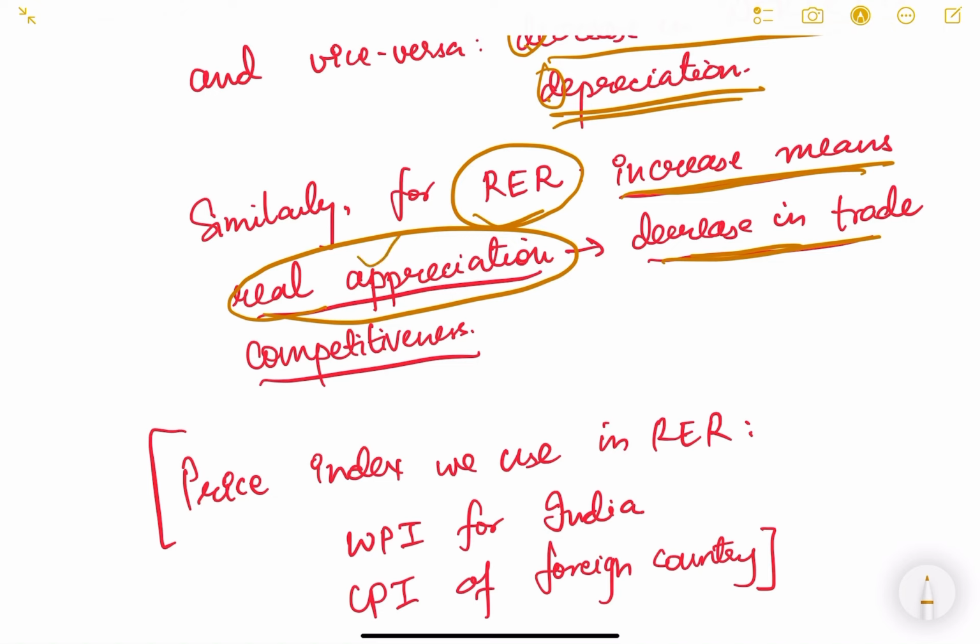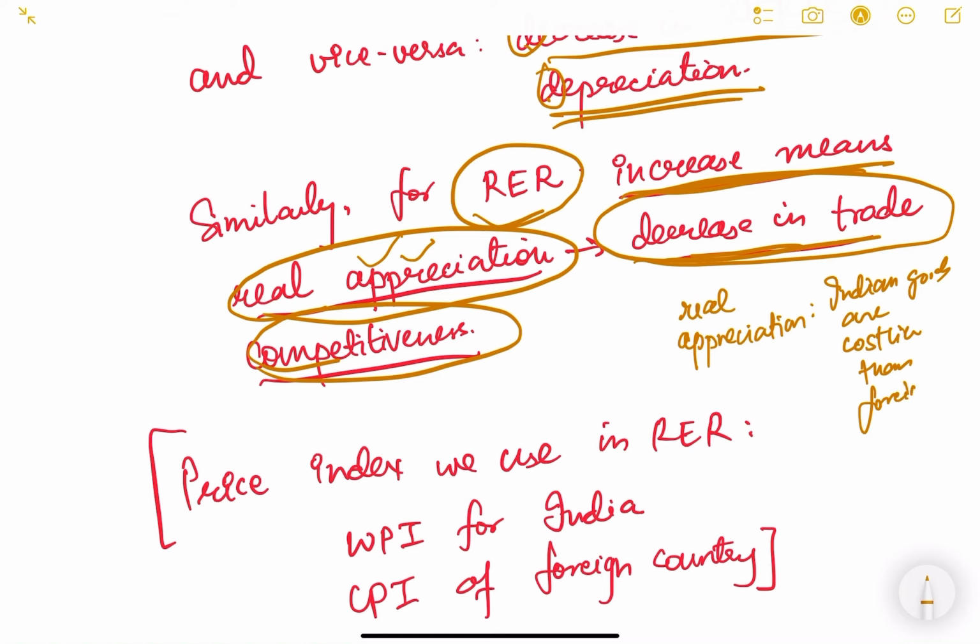Again and again I am telling you, real appreciation means that Indian goods are costlier than foreign goods, okay, are getting costlier than foreign goods. So if Indian goods are costlier than foreign goods, it means our goods will not be sold in the international markets, and therefore our trade competitiveness will decrease.